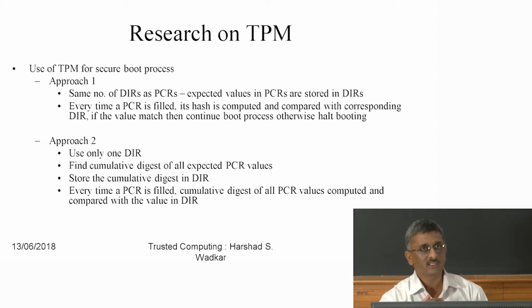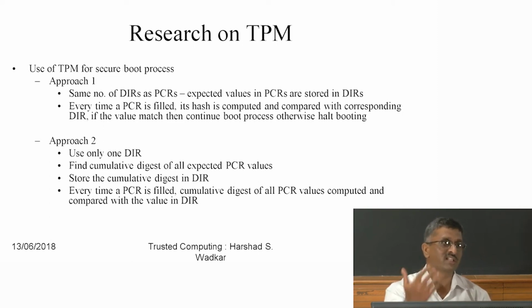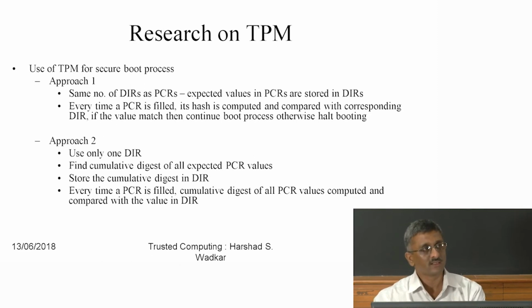The idea here is, do I require so many hashes, so many PCRs? Can I use one particular PCR instead of requiring that many PCRs? Today I require, let us say, 24 registers, tomorrow some other applications are coming, so I want more PCRs, so can I reduce it?